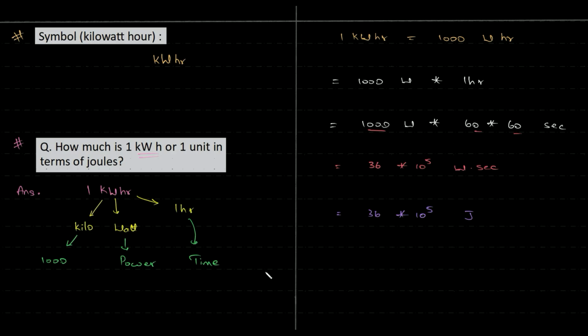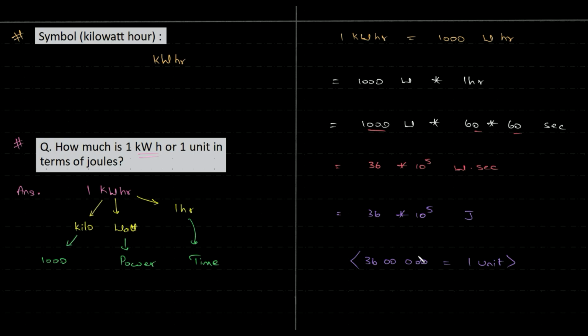Watt into second is joule. Power into time is your energy. This would be your energy in terms of joules, and this is equal to 1 unit of energy. So every unit has this much energy, this many joules.